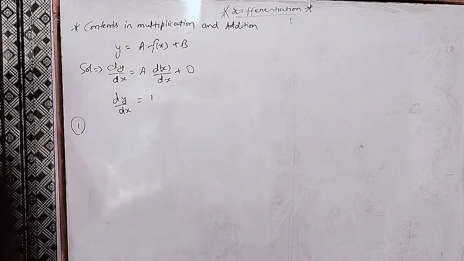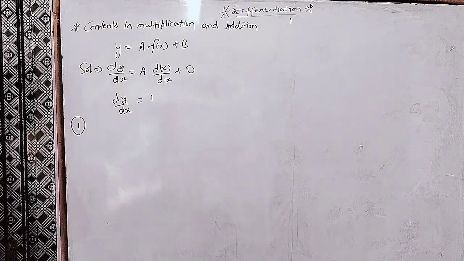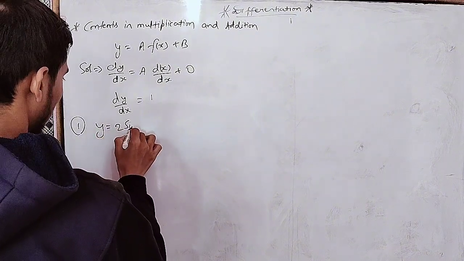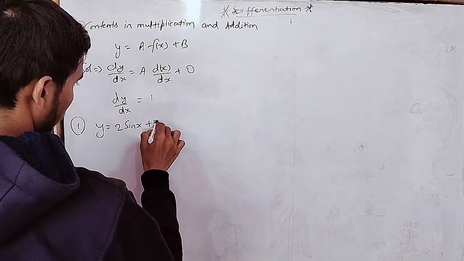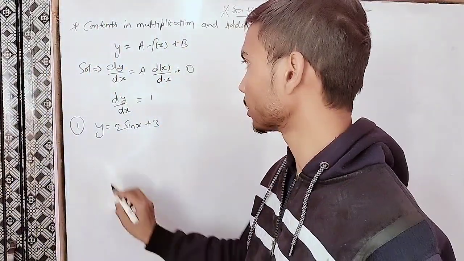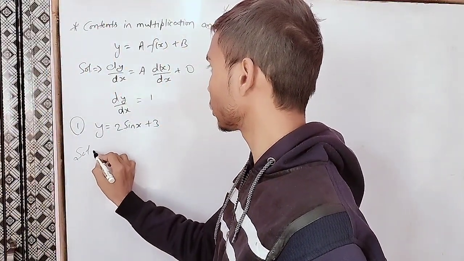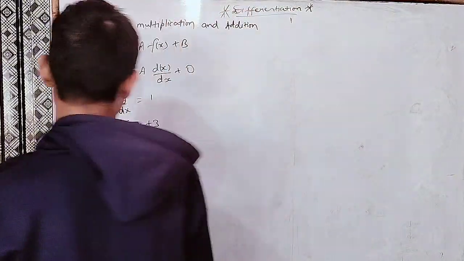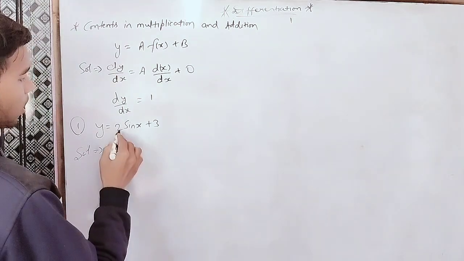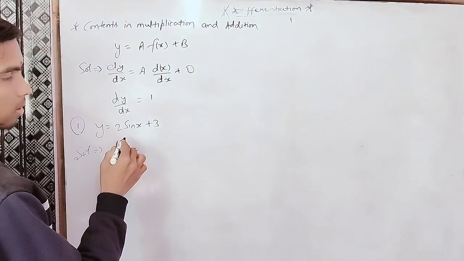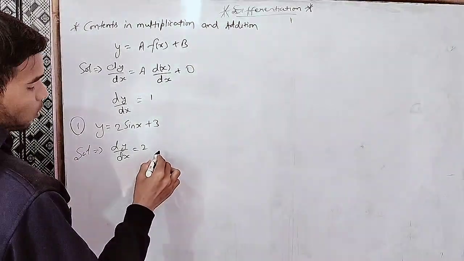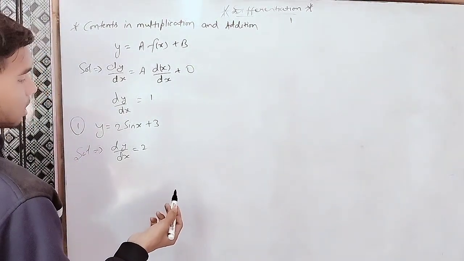Second question. Let's take y is equal to 2 sin x plus 3. Let's solve it together without any hesitation. So dy by dx. 2 is a multiple of sin x, so of course 2 will remain the same.